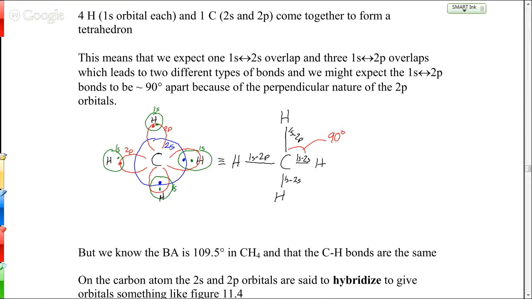So if we look at the actual electrons in the valence orbitals, we come up with a picture that doesn't look like what methane actually looks like. And so that means we have to change our theory.